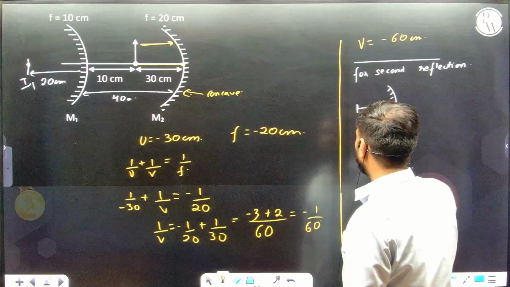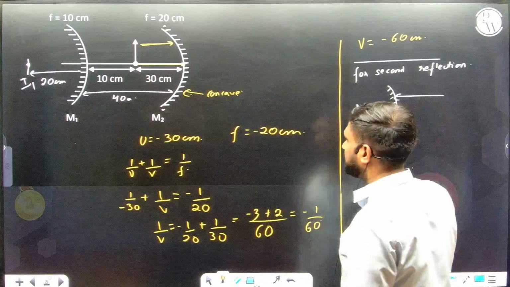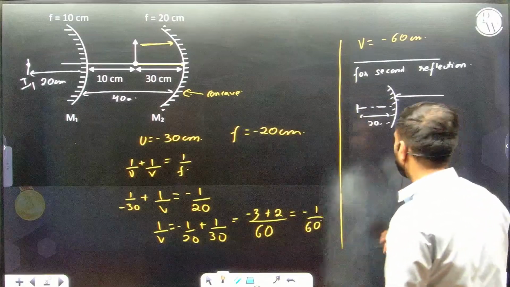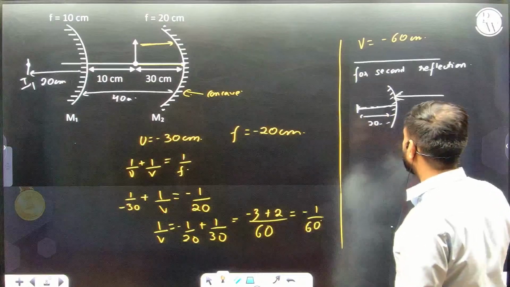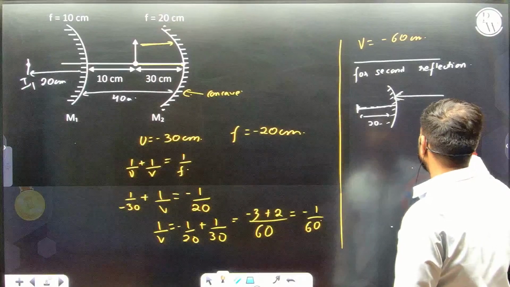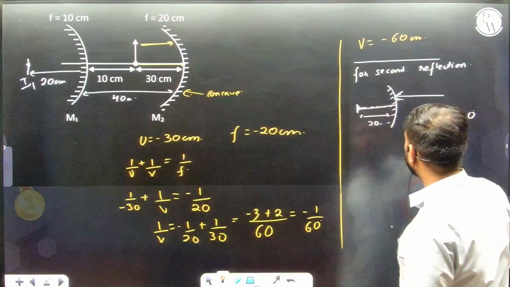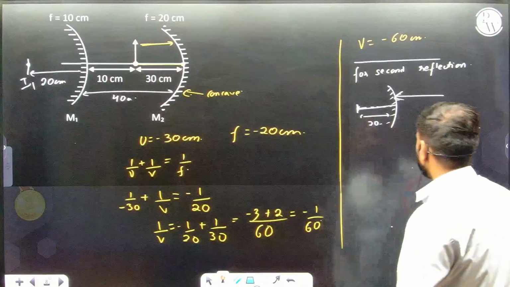The image was formed here behind. The rays would be falling like this. That's why the image is formed there. So these are the incident rays and we are measuring the distance in the same sense. So its object distance is positive this time, plus 20, and the focal length is positive. Again it's plus 10.